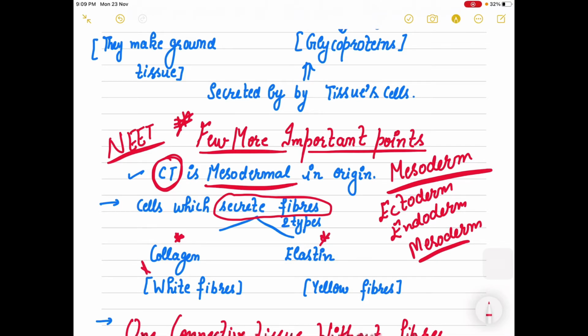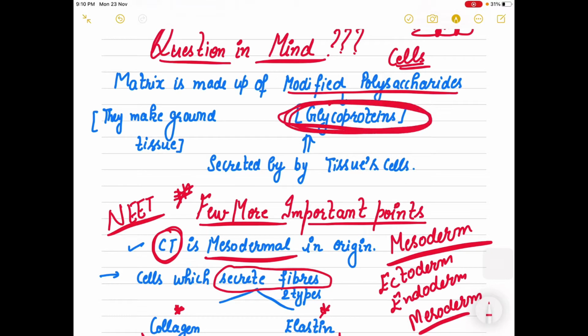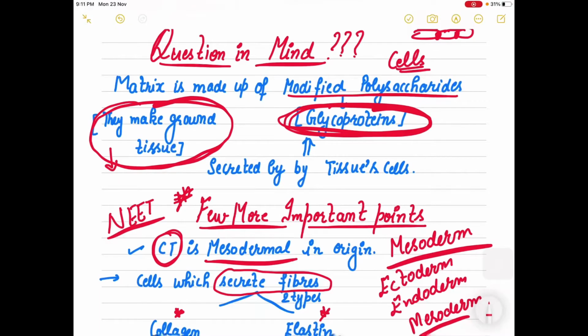If collagen is secreted, then it is known as white fibers. If elastin is present, then it is yellow fibers. But few cells of this tissue also secrete modified polysaccharides, which are known as glycoproteins, and these are the proteins which make your matrix, or the ground substance.